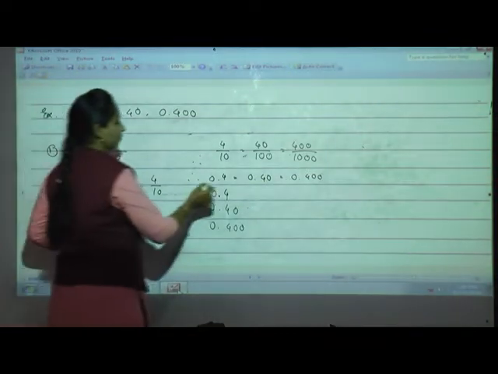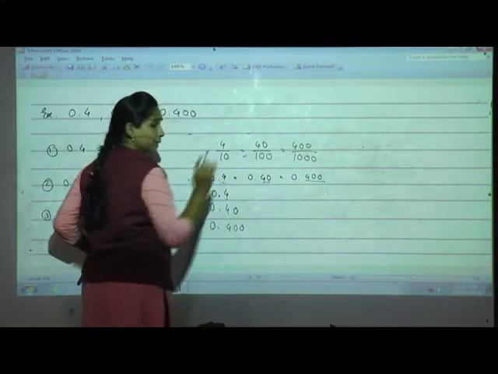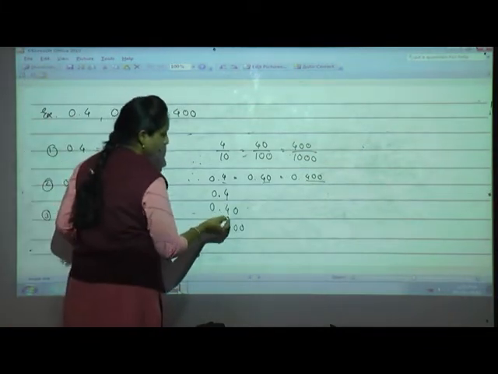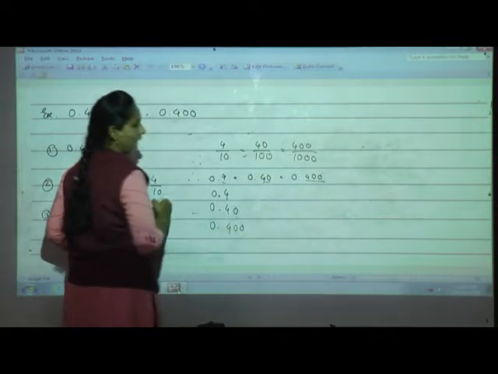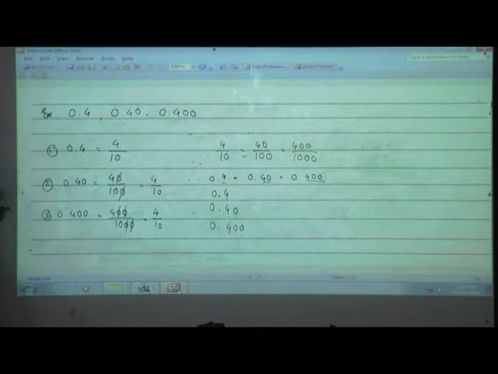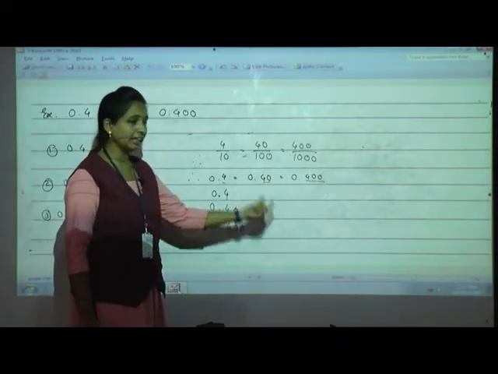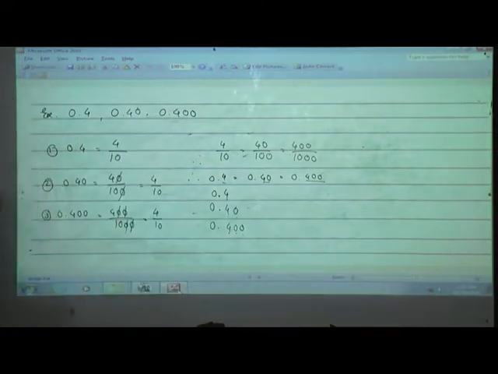Here we have proved, see, 2 digits are there, 3 digits, 1 digit, but still they are equivalent decimals. Why? Because after the decimal, after one digit, zeros are added, isn't it? So keep in your mind, after the decimal point, whatever the numbers are, if we increase the zeros, the value will not change. They are equal only. Clear? I hope you all have understood equivalent decimals.